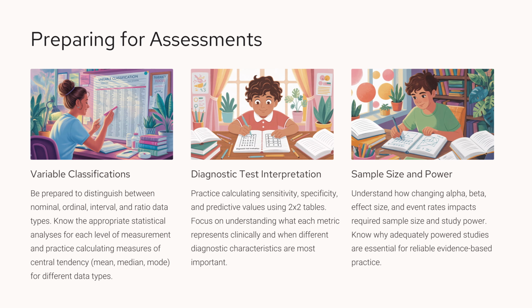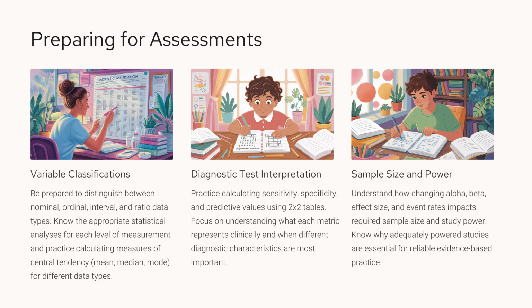Okay, so where do we go from here with this lecture? I want you to really know your variable classifications. I want you to know how we look at diagnostic tests and interpret them. So you should know sensitivity, specificity, positive and negative predictive values. Know them, know them, know them. They're confusing, so look over them again. Make yourself note cards.